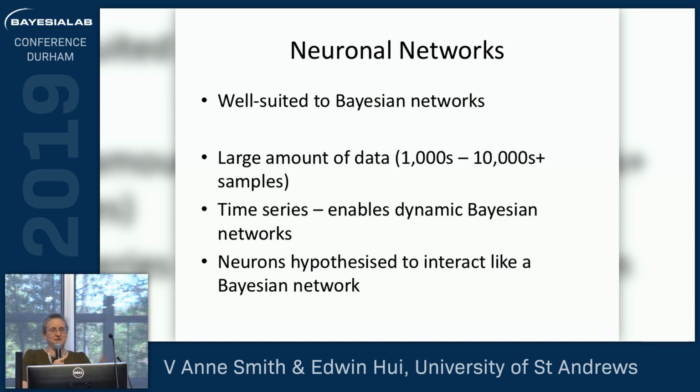And so we can easily have loops by having two time slices and getting loops across time, but the Bayesian network is still acyclic. And additionally, neurons have actually been hypothesized to interact with each other in Bayesian manners, kind of like a Bayesian network. So it's a really nice system that we're trying to recover with Bayesian networks.